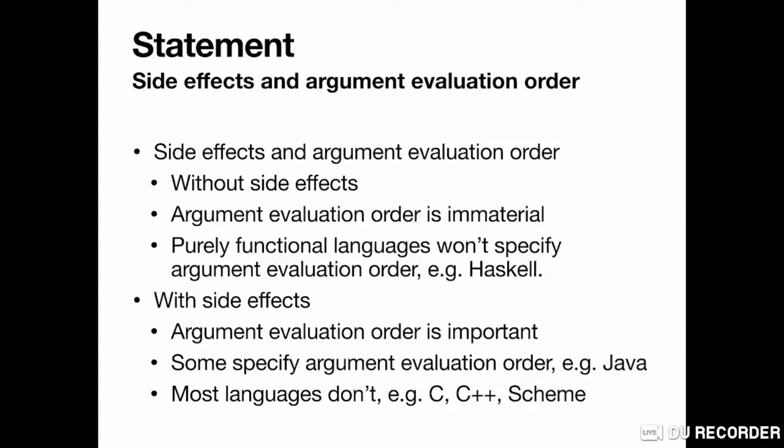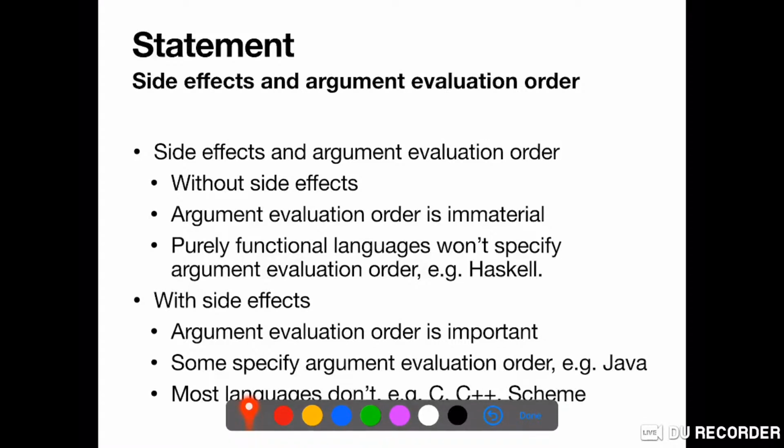So if we write a piece of program without side effects, then argument evaluation order is immaterial. No matter what kind of evaluation order they take, it should evaluate to the same result. Because if you don't have side effects, you have referential transparency.